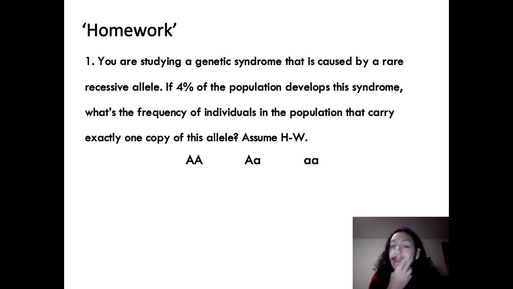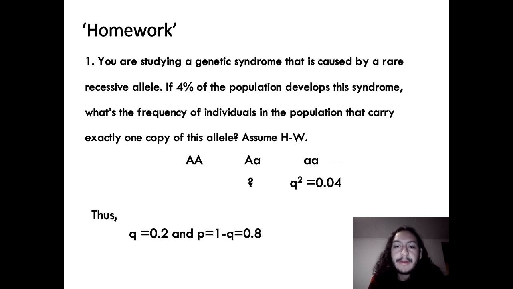So first of all, we know that if it's recessive, in order to be expressed, it needs to be homozygote, right? So we have a recessive homozygote proportion of 4% of the population, so 0.04. That is our q squared, which corresponds to the genotype frequency of the homozygote recessive.